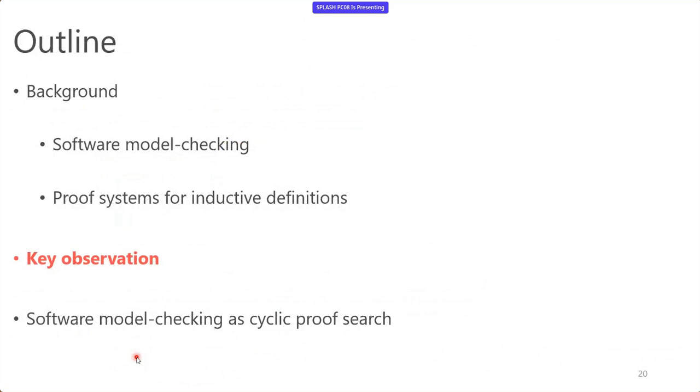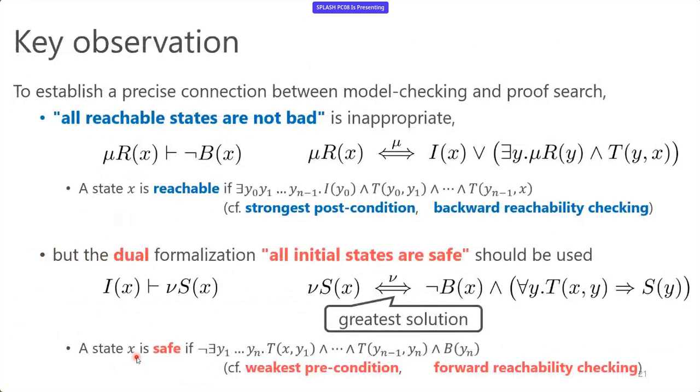And let me next explain our key observation to establish a precise connection between model checking and proof search. So we have formalized the model checking problem using this goal sequent, which says all reachable states are not bad.